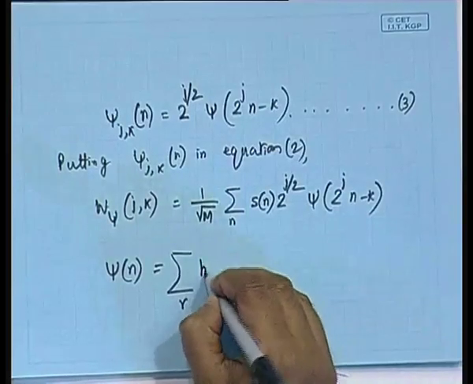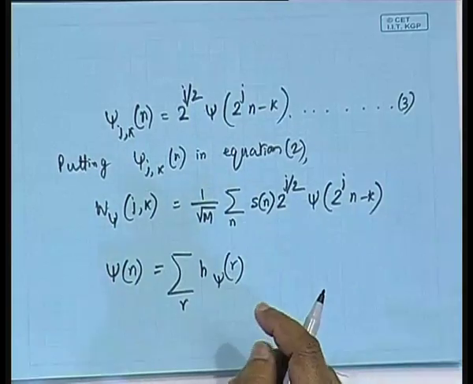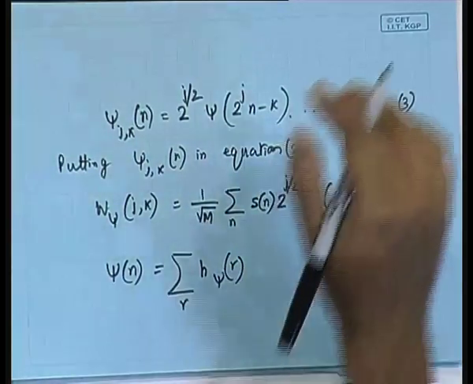So, summation over r of h psi of r. Again do not confuse: earlier I was using r for the scaling term. Now the scaling term is j, the shift parameter is k, but k I am writing as r in this case. If you are confused, popular demand is to have it as p.